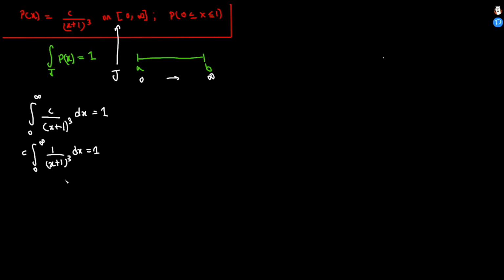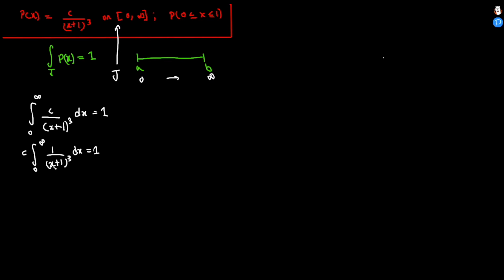Okay, great. So now we can solve this using our usual tools of integration. Let's first try substitution, because that's generally the easiest thing to do if we can manage it.